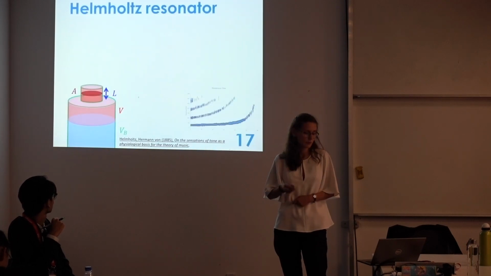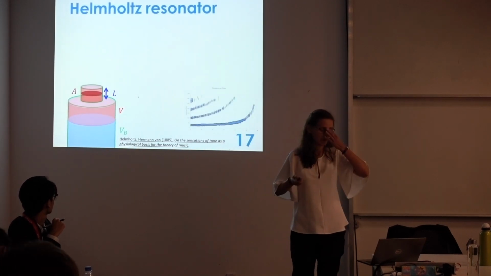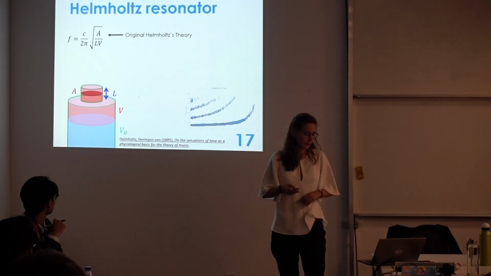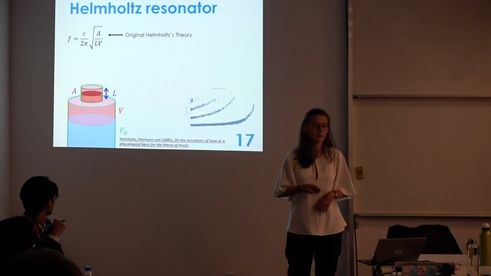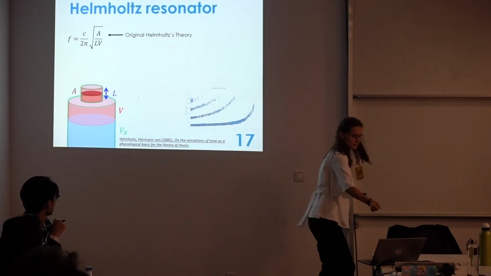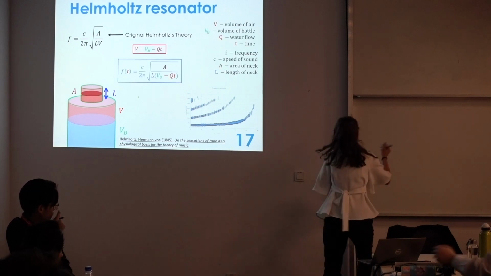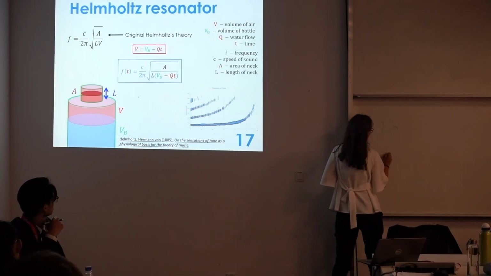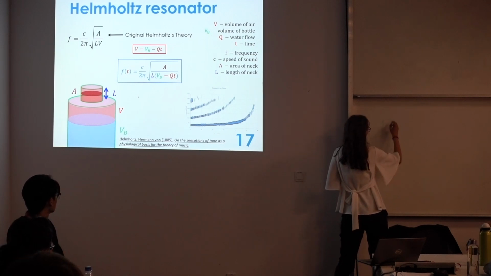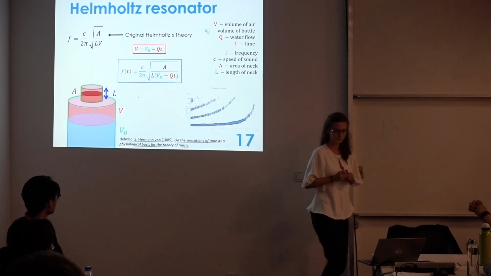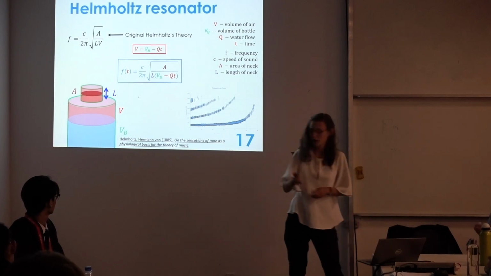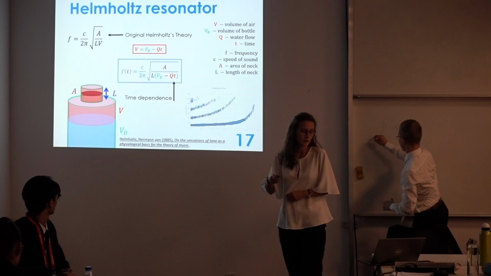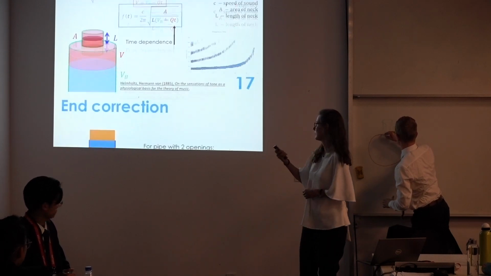The second theoretical model we used to explain this phenomenon was the Helmholtz resonator. The original formula for the Helmholtz resonance accounts for this: this is our bottle, and this is a mass which is oscillating. This is the air, it's oscillating as such, and we had to put a time dependence in our formula in order to analyze the graphs more easily.